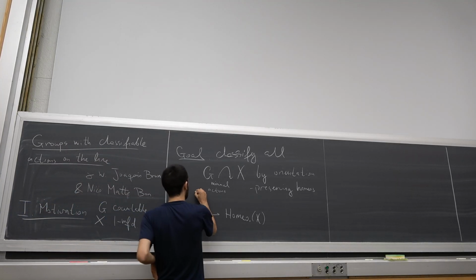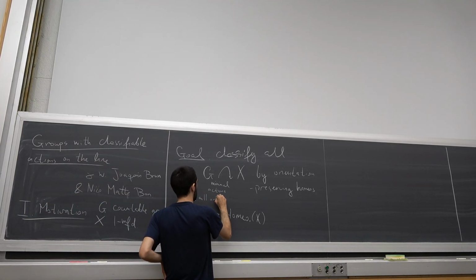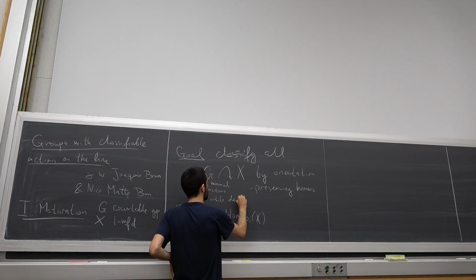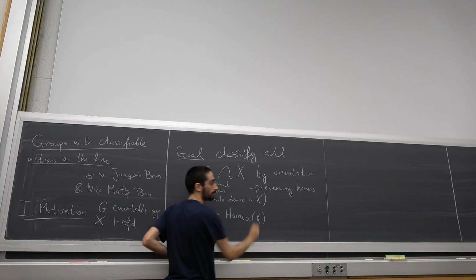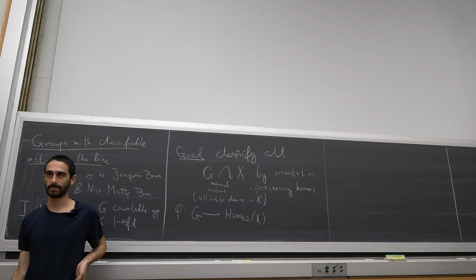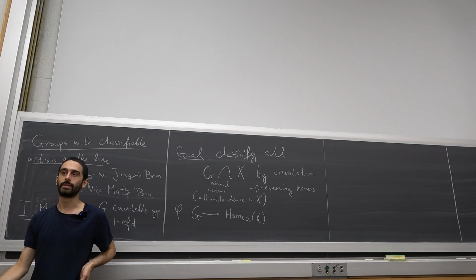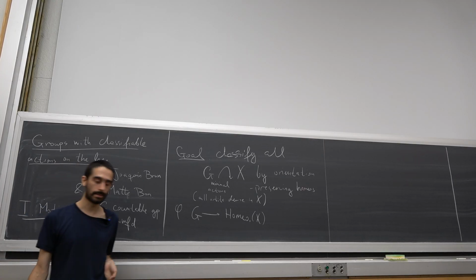When I say minimal, this means that all G orbits are dense in X. That's the object, the things I want to understand. Okay?